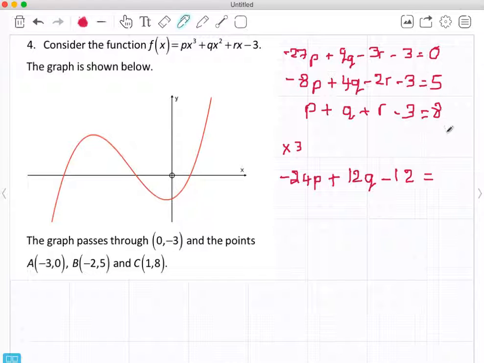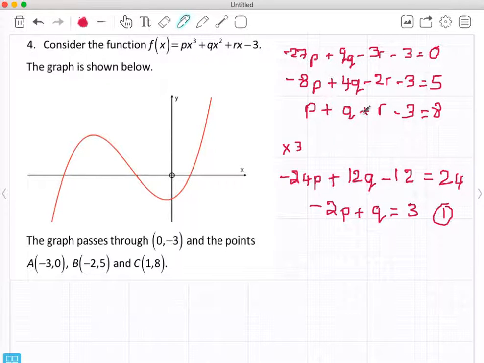And this, add 3 lots of this, is going to give me 24. So now I'm going to divide everything through by 12 and just tidy it up, and I get minus 2p plus q equals 36 divided by 12, it's going to give me 3. There's my first equation.